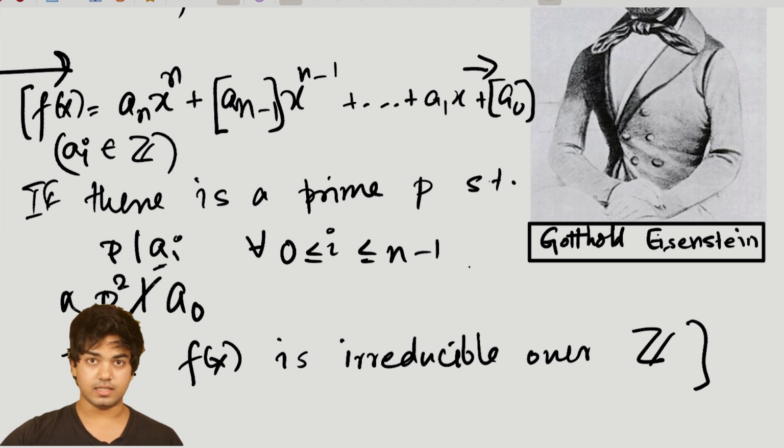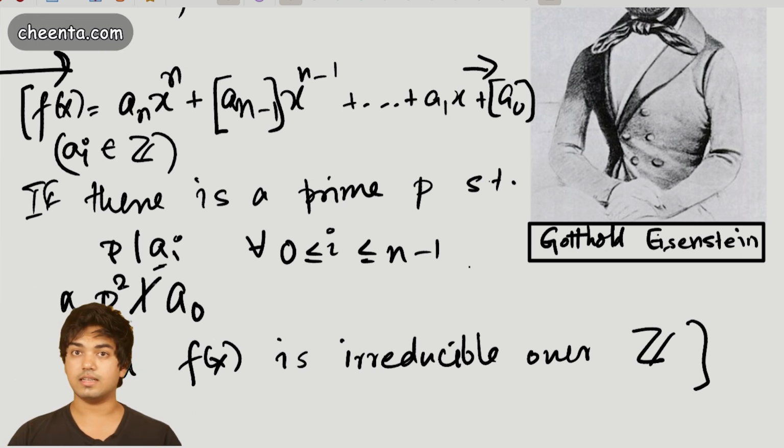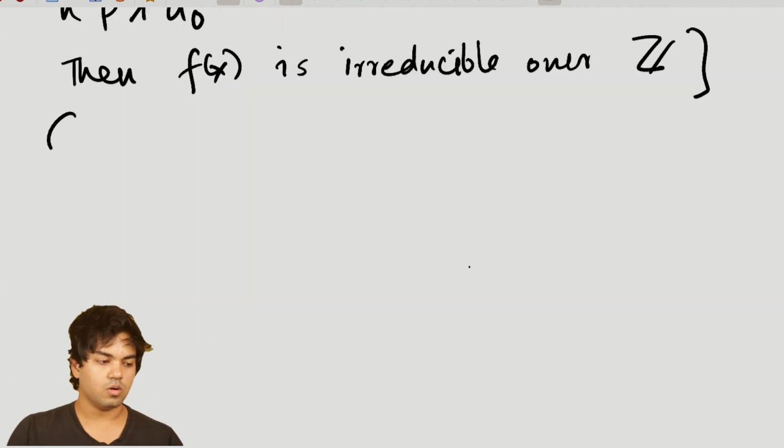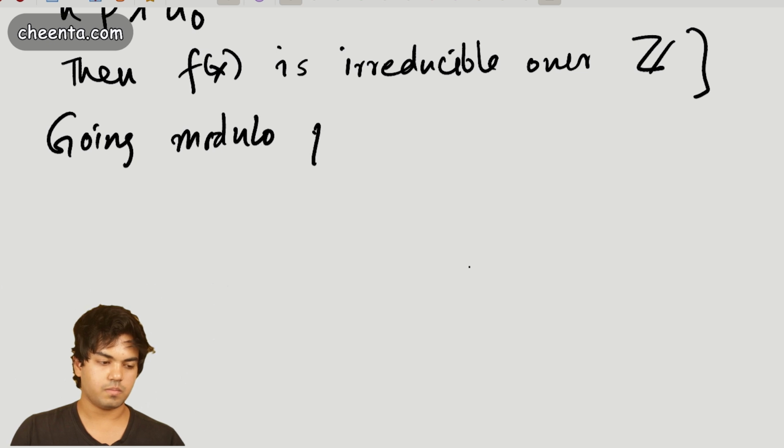Even when we don't have z and we have other sets, as I said, rings in the last video, the idea that goes into the proof of Eisenstein is very helpful. And the idea is going modulo p.